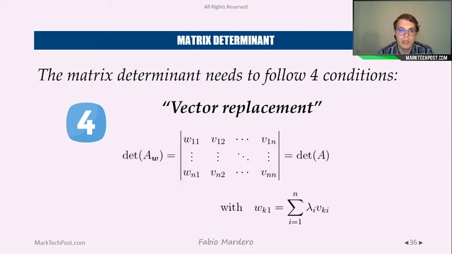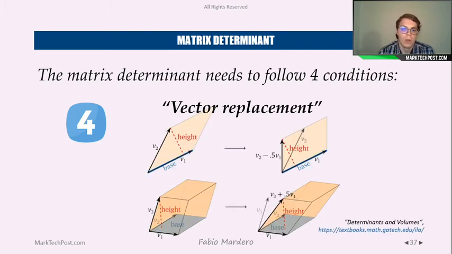Here we can express, for example, a generic matrix where we substitute the first vector with the vector w, and w is a linear combination of the first vector and one of the others. The determinant doesn't change here. In this picture we can see why, but let's move on.